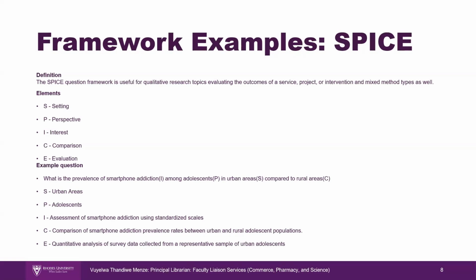The example: what is the prevalence of smartphone addiction among adolescents in urban areas compared to rural areas? The setting, that would be your urban areas. The perspective: adolescents. The interest: assessment of smartphone addiction using standardized scales.